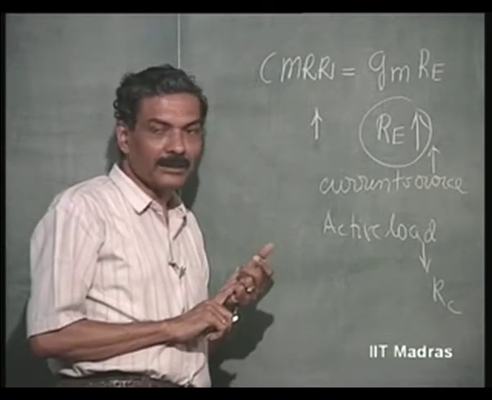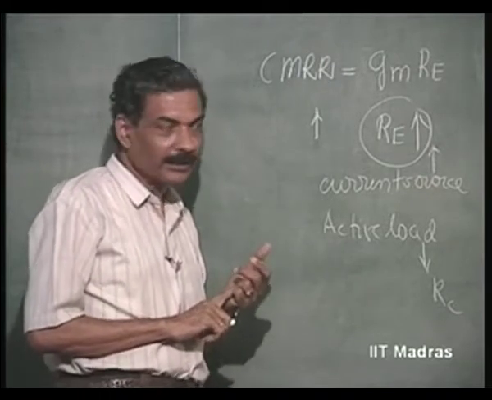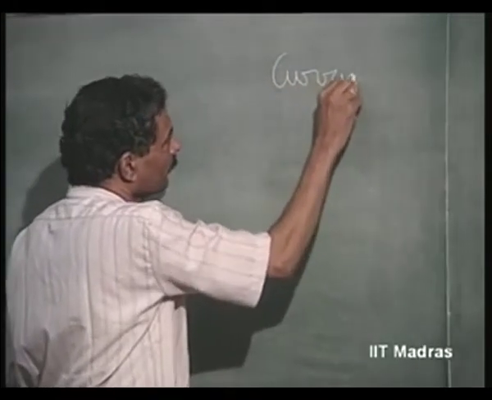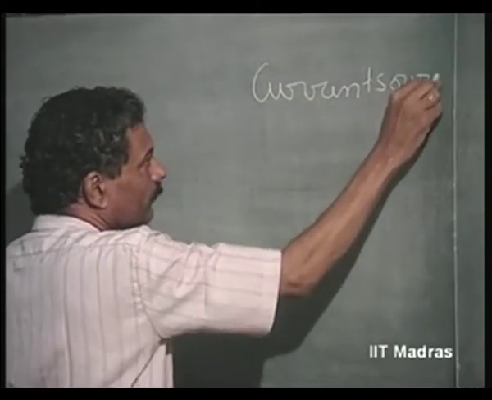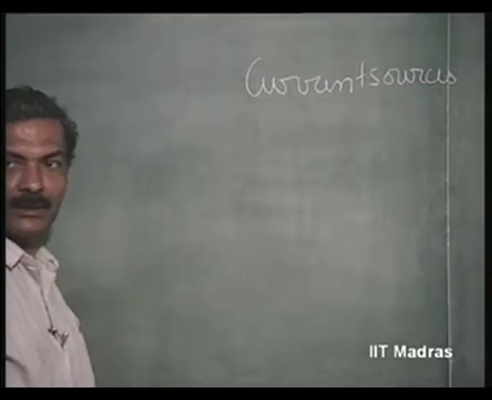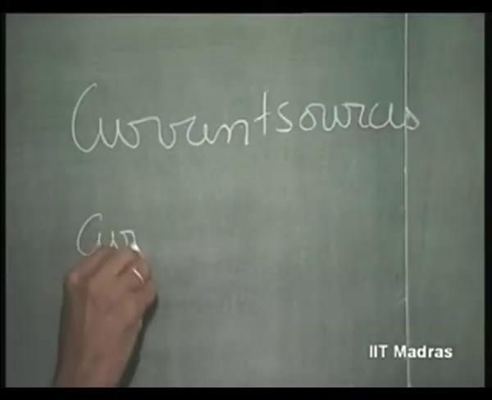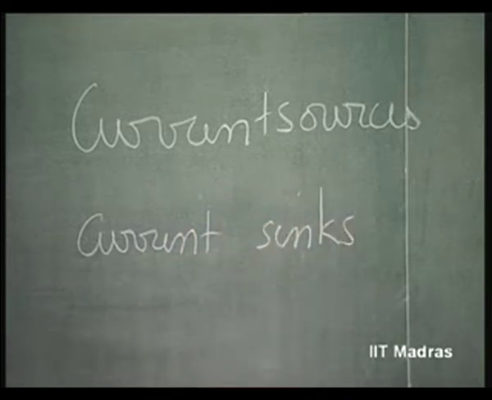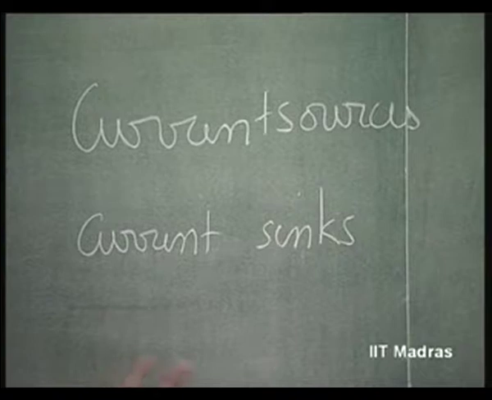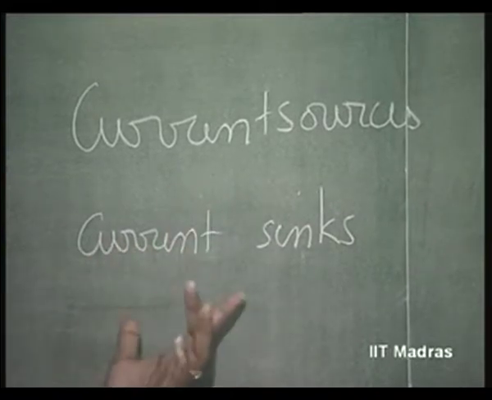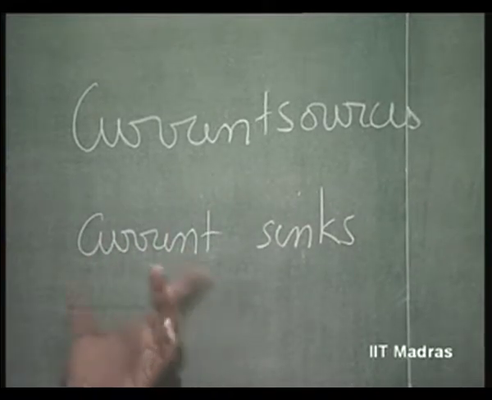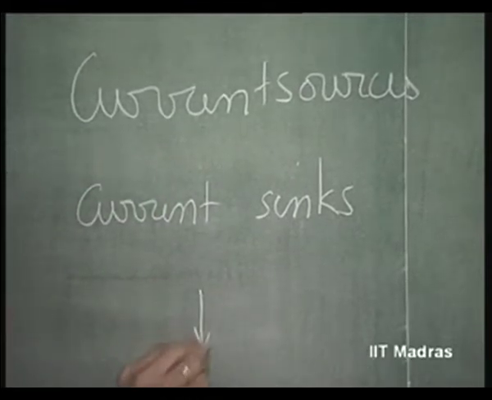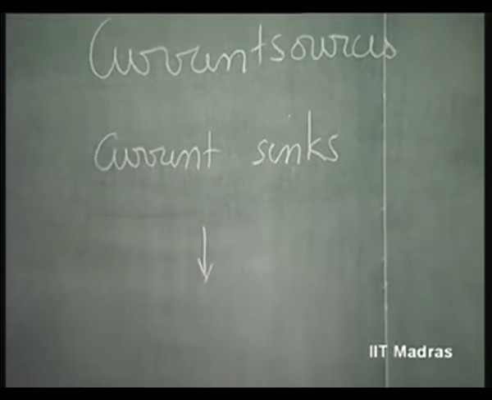So, we will discuss now how to obtain these current sources. Now, when I say current sources, I also mean current sinks. Unlike network terminology, where source means it can either sink or source current, in integrated circuits we say current source when it is delivering current and current sink when it is taking current.